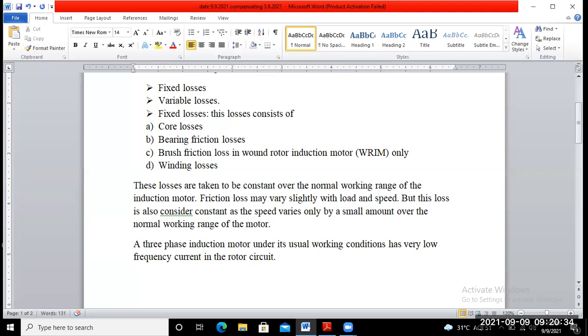As a result, rotor core losses, almost proportional to frequency square, are negligible.